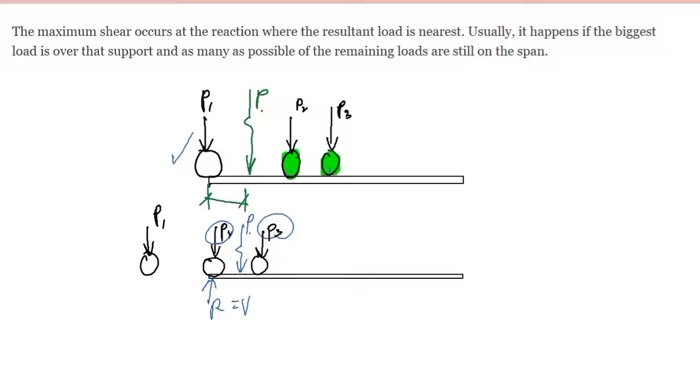So, yung pinakamalaking, if this is the RA, the reaction to support considering the load P1, the reaction at the support considering P2, and the reaction to support considering P3, the larger of these shear here ay i-consider natin na maximum shear, no?